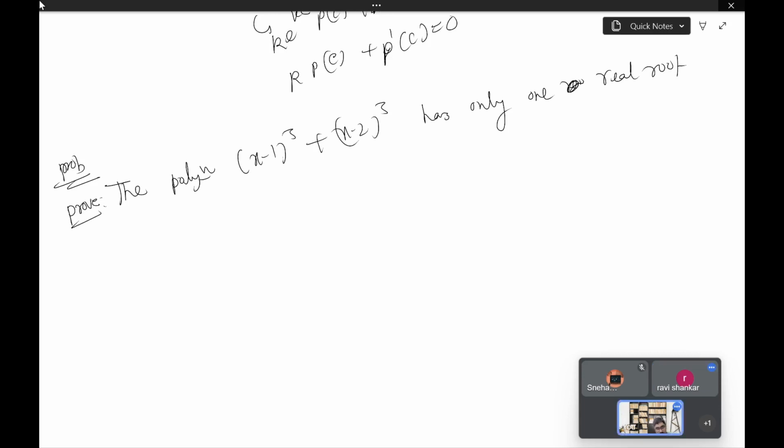Then in between 0 and -1, there lies one c such that f dash c equals 0. And we'll find that c value, and that c will be a real root. For this, first of all, you need to show this has only one real solution. So you are actually trying to find real solutions, right?